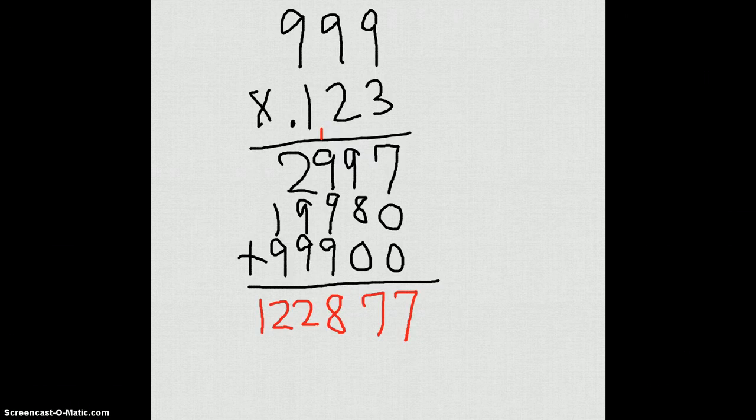Now, where would the final decimal point go? Correct, right between the 2 and the 8. So we have our final answer.